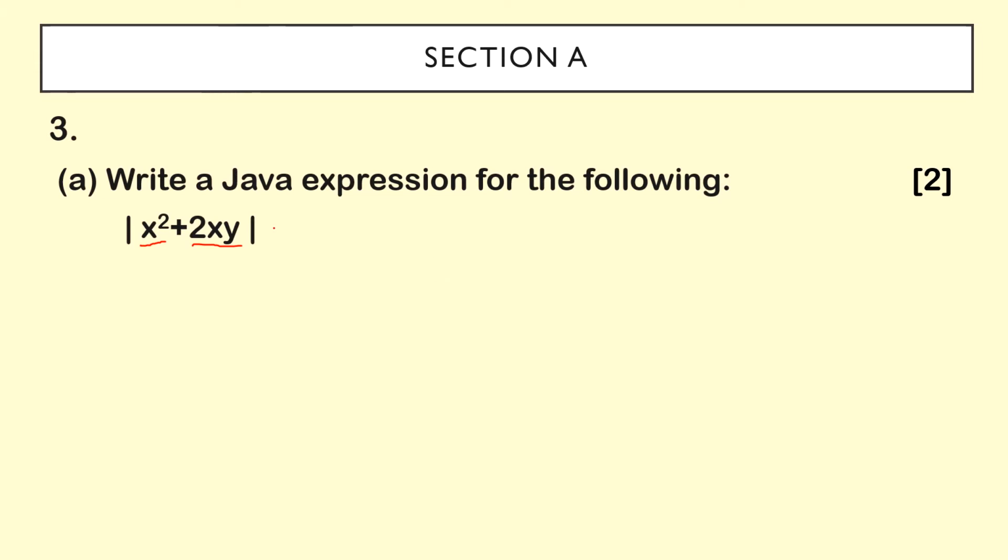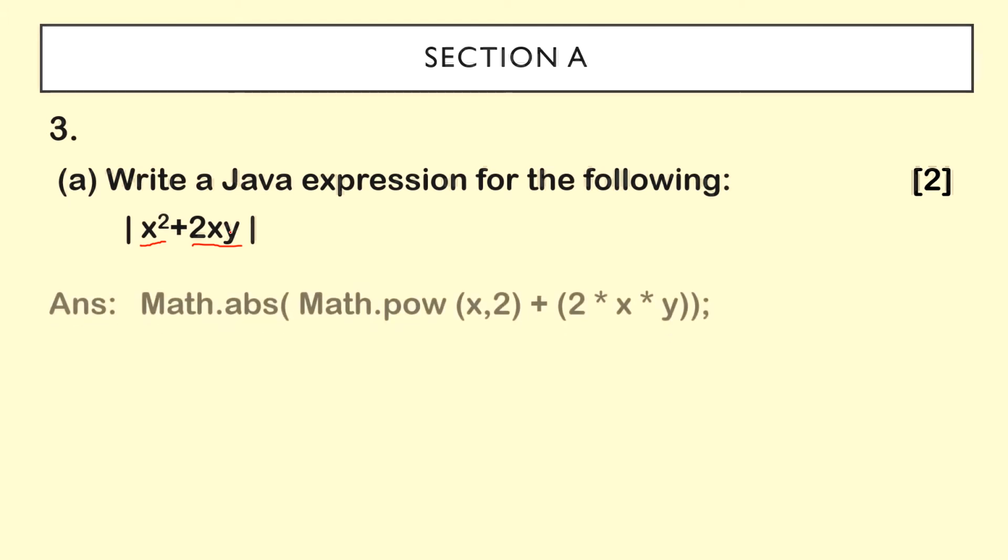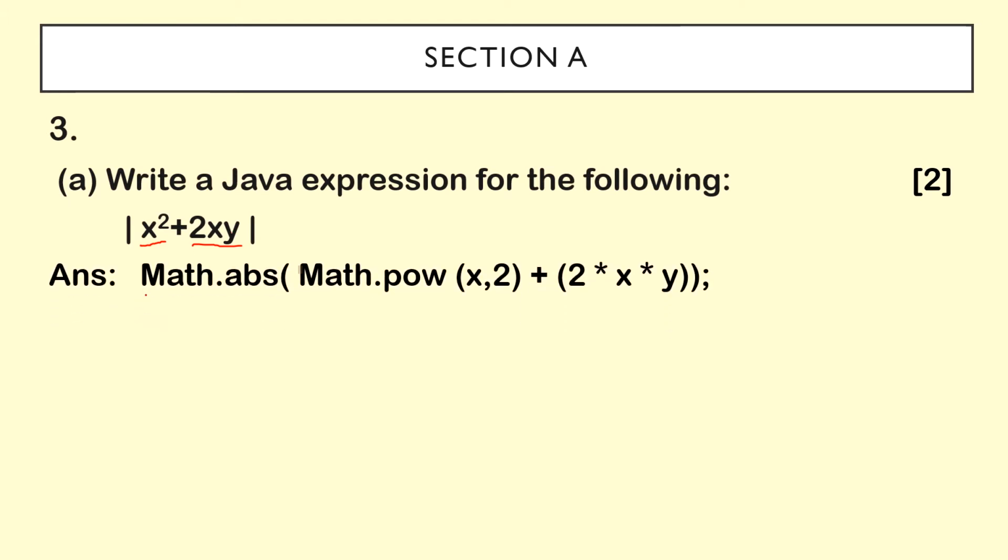So what are the essential features? Before declaring the answer, I'm going to explain that we will be using absolute, so Math.abs, and Math.pow, since it is a power, x to the power 2, plus a simple multiplication. So my expression is Math.abs. ABS stands for absolute value.